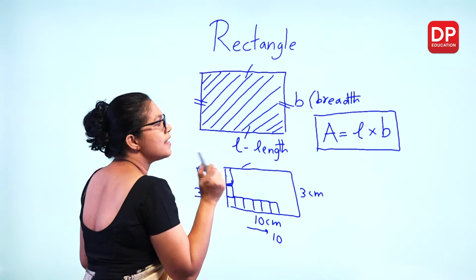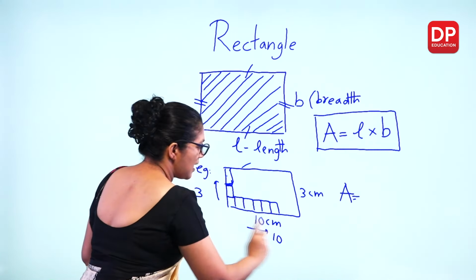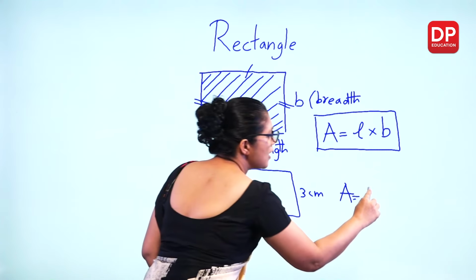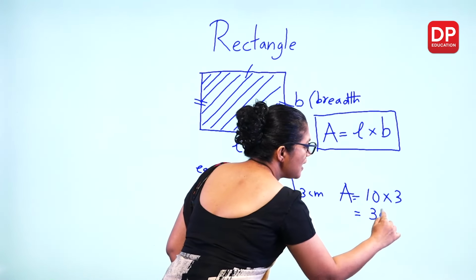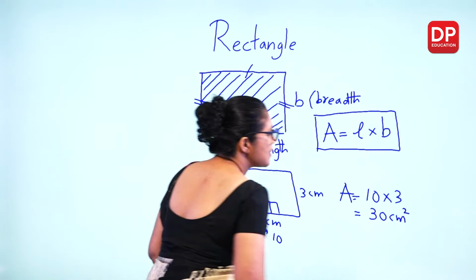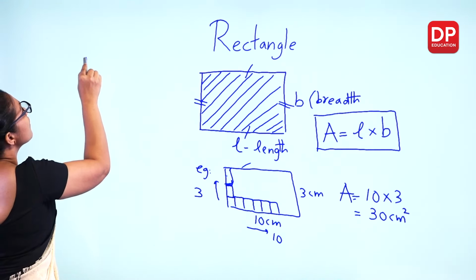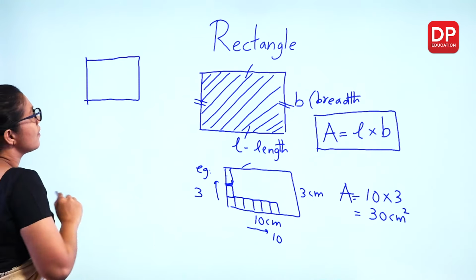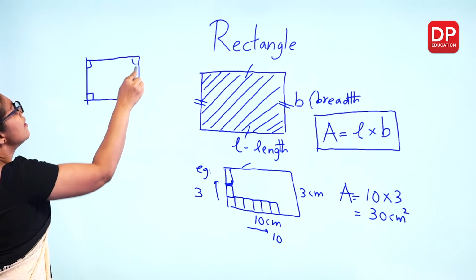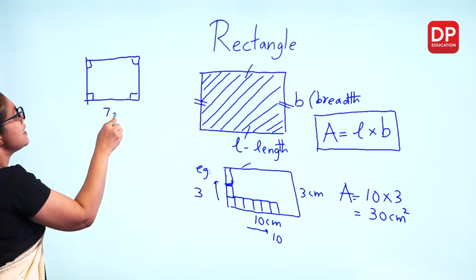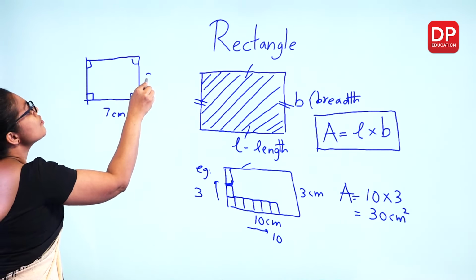So again we can explain using this example. It works for the area of a rectangle. What's the area here? 10 squares here, 3 squares, altogether 10 times 3. So you get 30 square centimeters. We'll take another one. This one I can give 7 centimeters, and 2 centimeters.